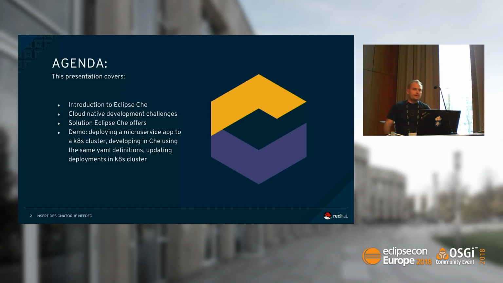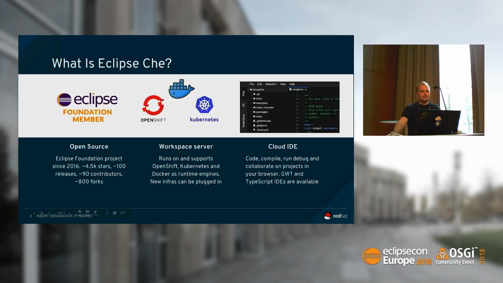And there will be a short demo showing deployment of a microservices application to a Kubernetes cluster and developing this app in Che, fixing some bug using the same YAML definition and updating deployments in the Kubernetes cluster, if my Jenkins pod is up and not having some issues due to network.